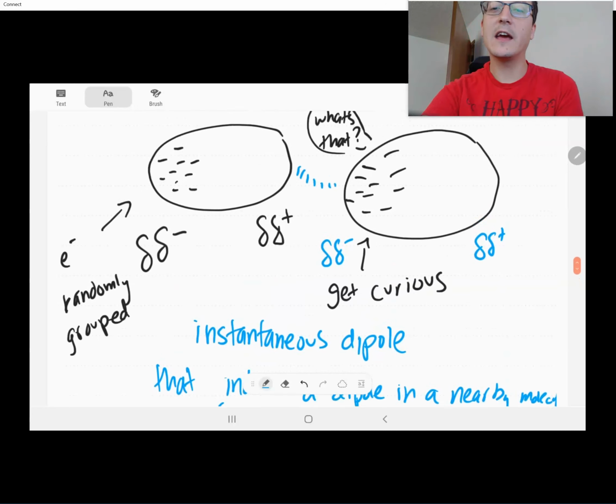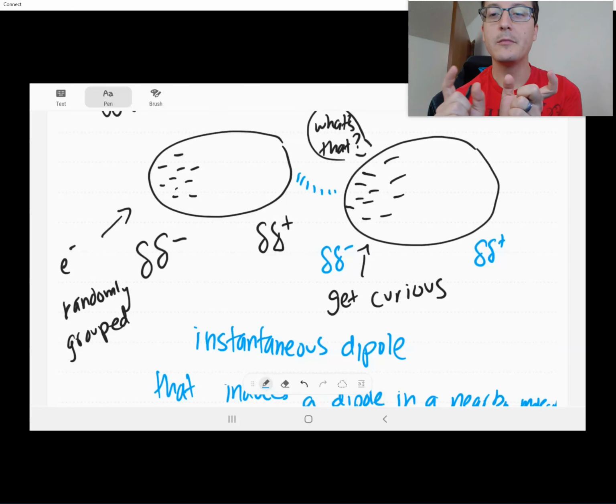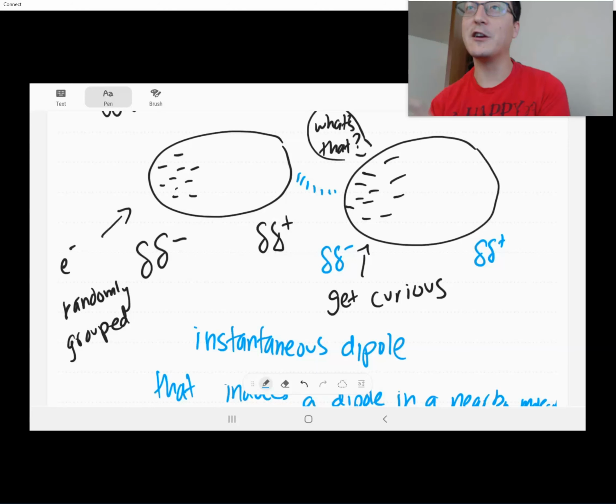Again, electrons just happen to be on one side of the molecule, randomly. That creates this very slight dipole, which then can have an effect on another molecule by creating a dipole in the second molecule in order to interact with the first. And we get this very short-lived, very weak interaction between them.